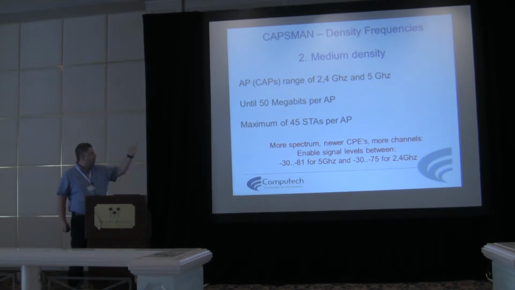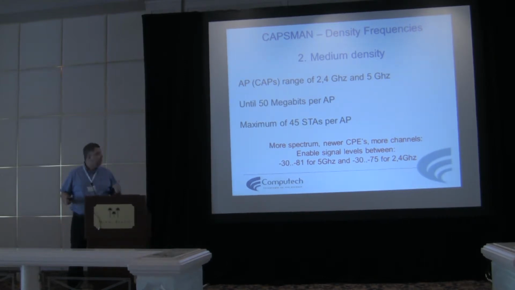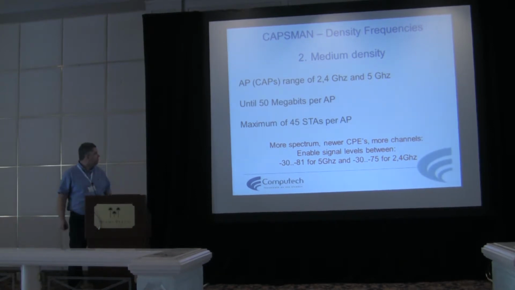So the bandwidth of the 2.4 range stays a little more free, up to 15 megabits per AP. So we have more than 2 times the old low density capacity, and we can triple the stations per AP number.